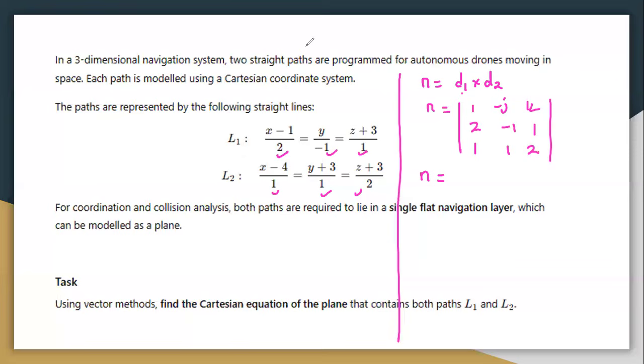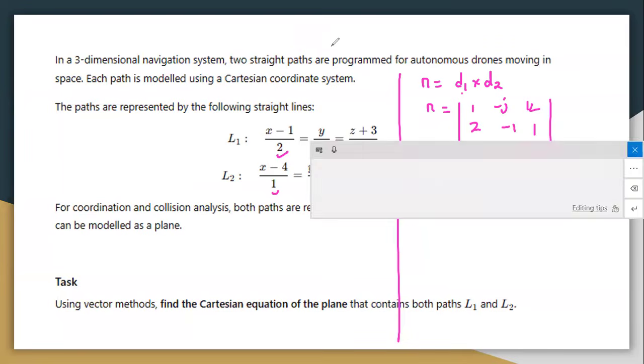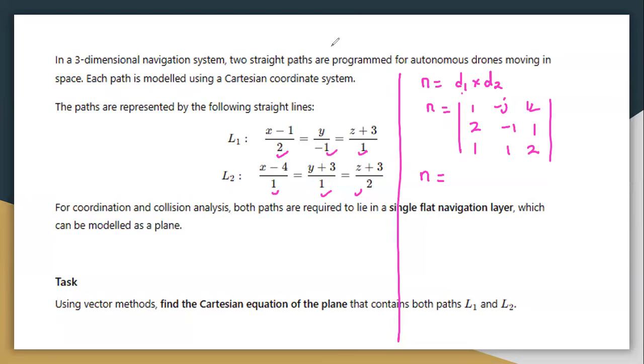Mattia is getting negative 3, 3, 3. Mattia, check out. Is it negative 3, 3 for the normal? Me, I'm not seeing the negative 3 coming out because, oh, okay. I've seen the negative 3 come out. Negative 3, negative 3, 3.